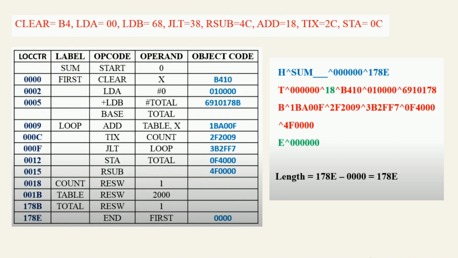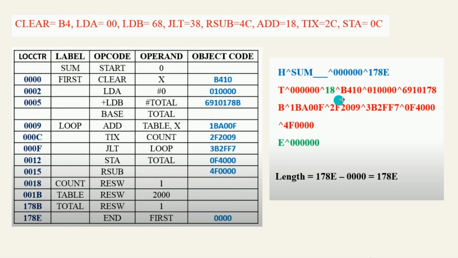That is what we have written over here. For this program, we will be taking up all the entries. Since there are only a few entries, we will be denoting it using only one text record. If there were more object codes, then we could use more text records. So it starts from 0.